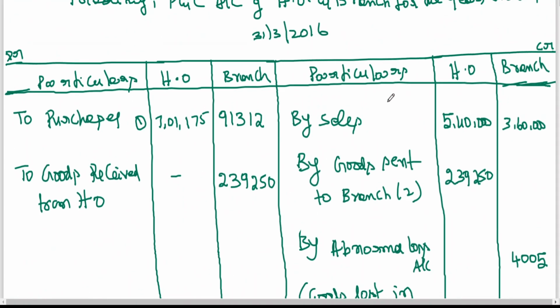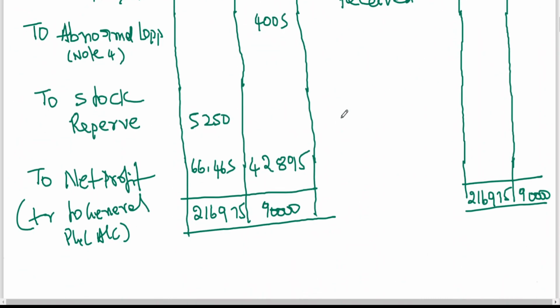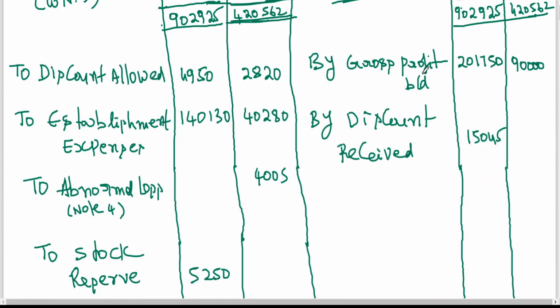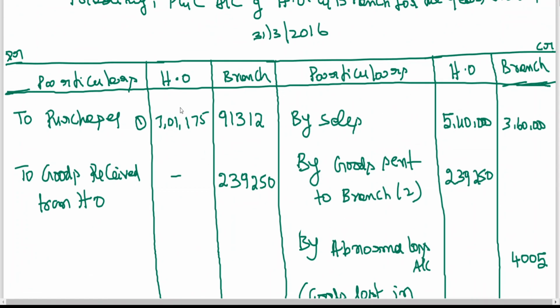See here, goods sent to branch 2,39,250, we have deducted. How did you get that? Goods in transit, no? In simple words, that means the purchases in transit have been deducted.